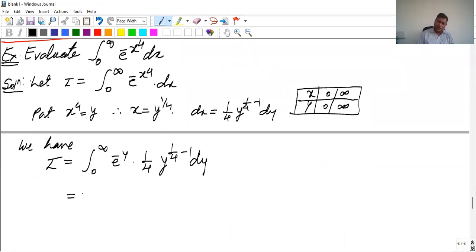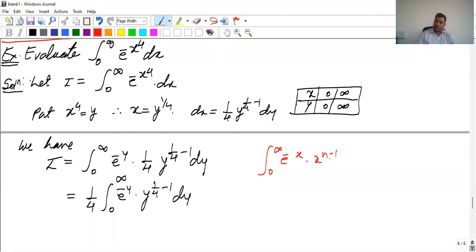Are you getting this? Yes, sir. So we can write this as 1 by 4 times the integral from 0 to infinity of e raised to minus y times y raised to 1 by 4 minus 1 dy. Now we know the integral from 0 to infinity of e raised to minus x times x raised to n minus 1 dx is gamma of n. Is that okay? Yes, sir.